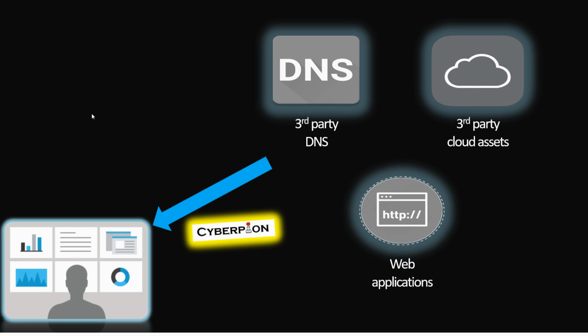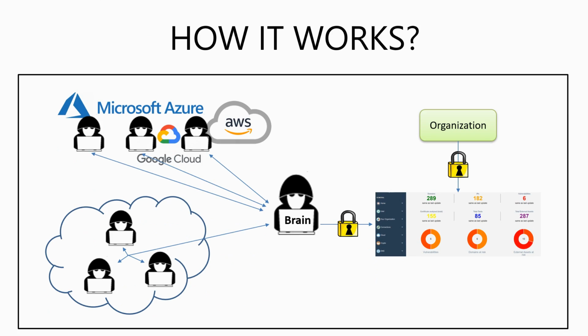Let's understand very briefly how this solution works. In this case, CyberPion has a brain that connects to all the assets that the web application is using and various other addresses that the web application is using, and analyzes which connections are now being attacked, unwatched, or vulnerable to attackers.